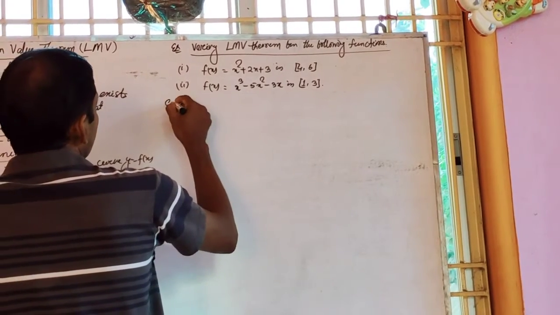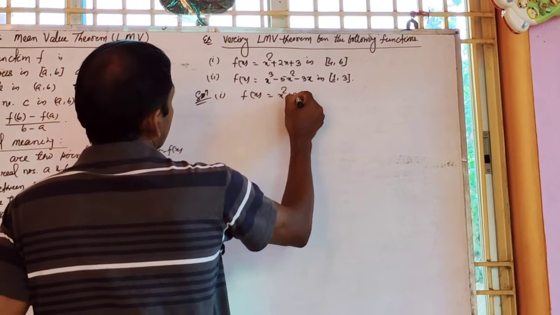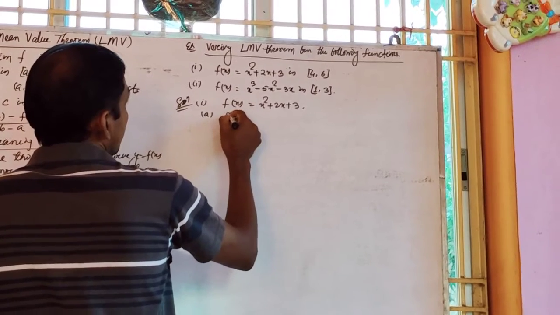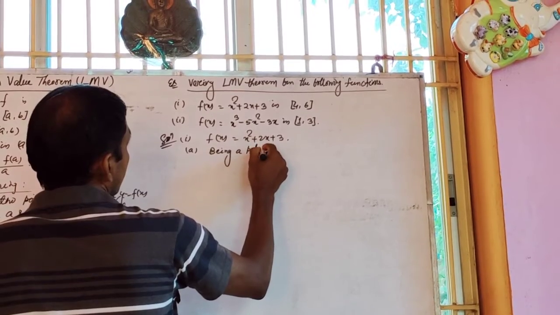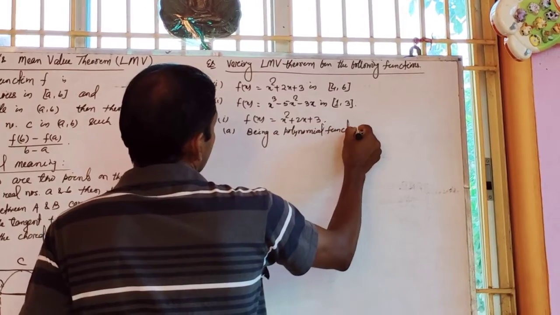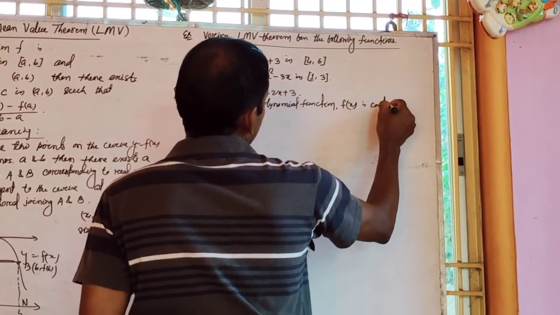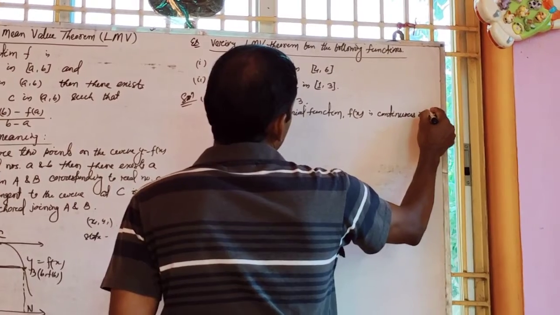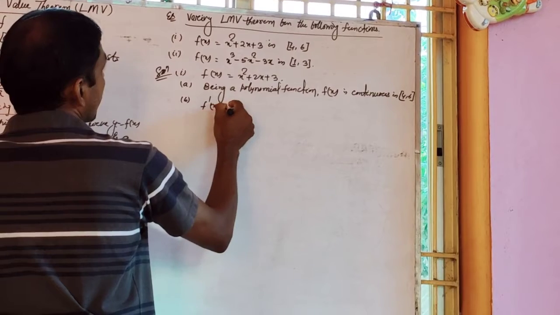So now the solution. First, f of x is given as x square plus 2x plus 3. First condition: being a polynomial function, f of x is continuous in the closed interval 4 to 6. Second, we will find the derivative.